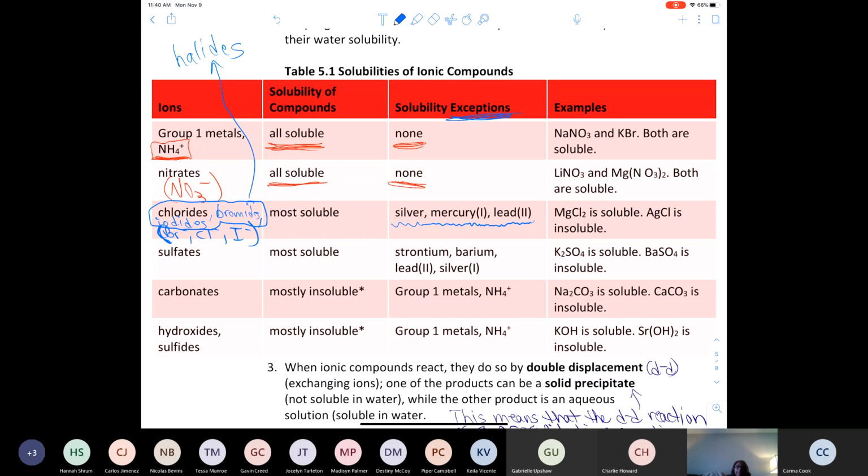So in other words, magnesium chloride is soluble. But silver chloride is insoluble in water because silver is one of those exceptions.